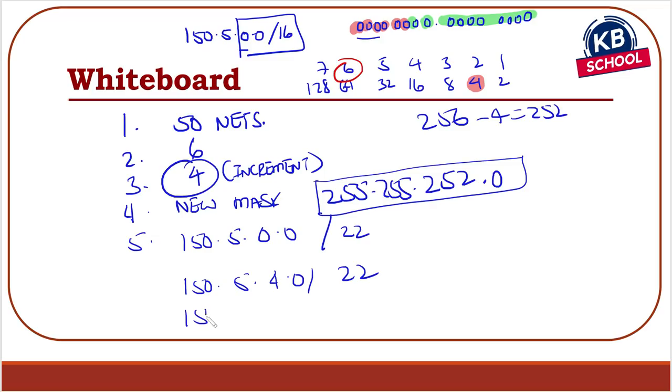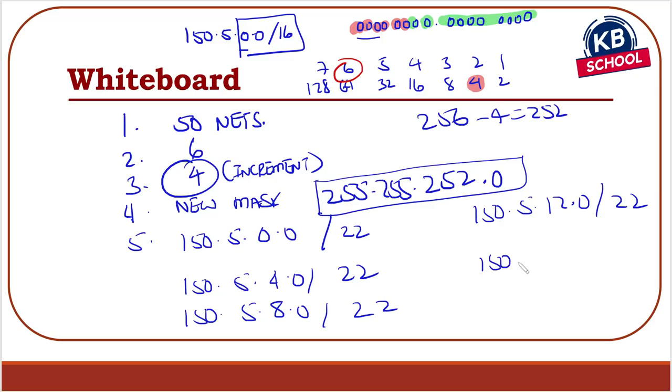My next network, 150.5.8.0, 150.5.12.0, 16.0, 20.0. Okay, and so on. So the increment is 4 basically. You get about 64 new networks.